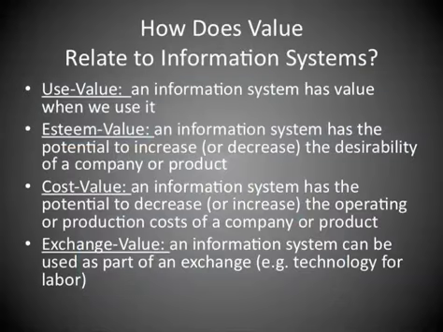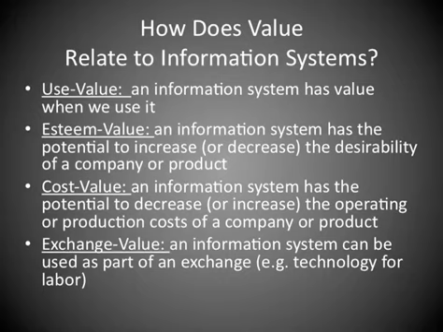Okay, so how does an information system relate to all of this? For use value, an information system has value when we use it, and that's going to be very important in just another slide or two. Esteem value: an information system has the potential to increase or decrease the desirability of a company or a product. Cost value: an information system has the potential to decrease or increase the operating or production costs of a company or product.